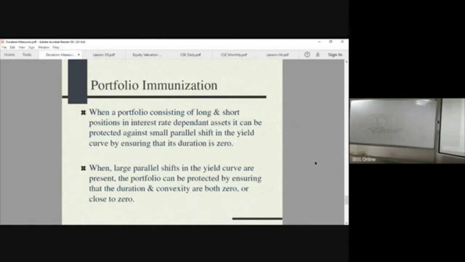Now, if you talk in terms of liabilities in a portfolio, the duration of a borrowing is negative. That is how we can mix borrowings and investments in one portfolio.